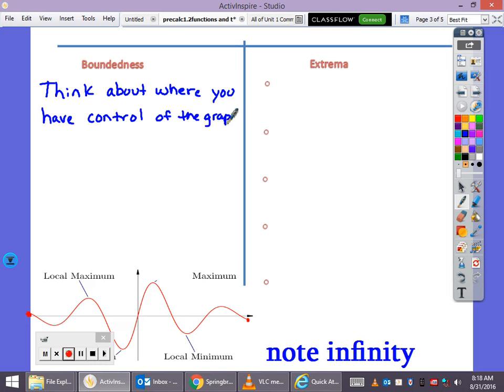You're going to think about where you have control of the graph. So you know a definite value. It's not infinity, it's a set value. Okay, so there are 4 types of bounded. We have bounded below.